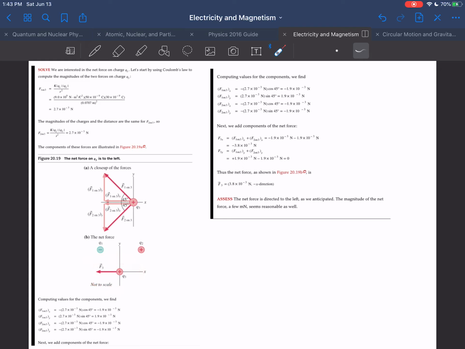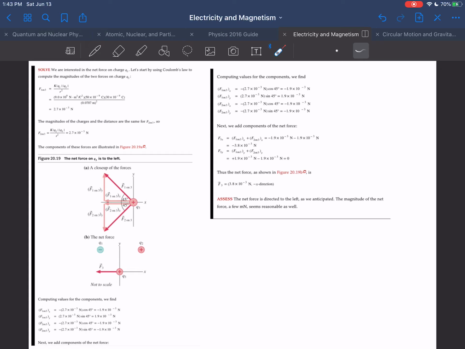All right, to find the values of those components, we use our trig. So we know that this angle is 45 degrees, and this angle is 45 degrees, which means that the x components of those values are both negative 1.9 times 10 to the negative 3 newtons.